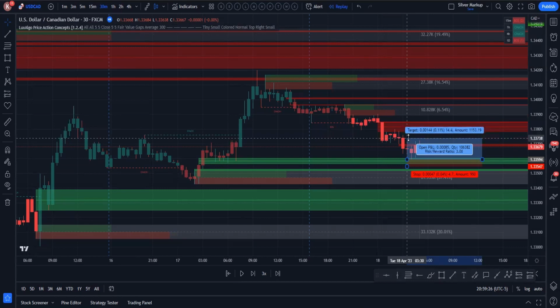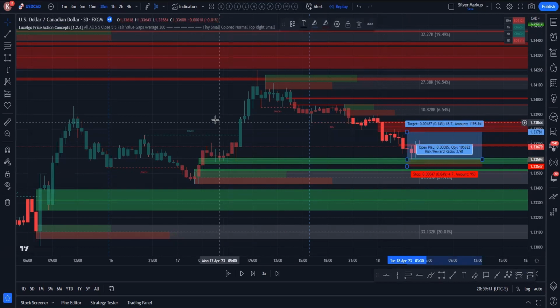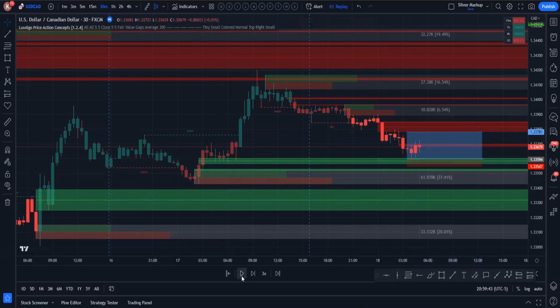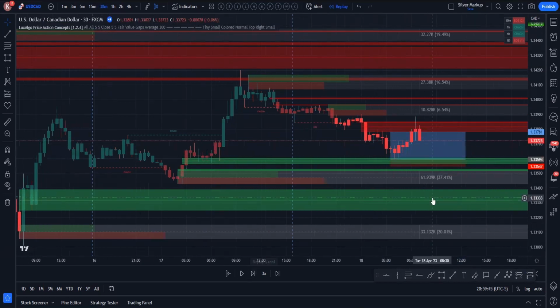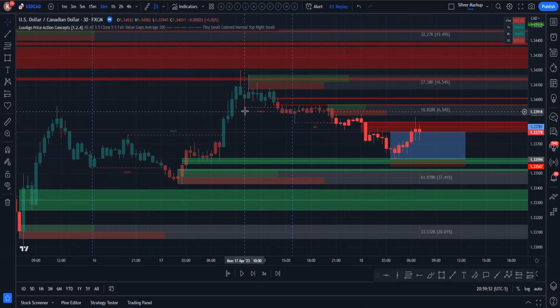You can trade exactly how you see fit, but that's my idea of trading: spreading it out with good reward to risk ratios. So let's just say I'm going for 4-to-1 at least. So I have my take profit right there, and then it hits it right away. So now I won that trade.